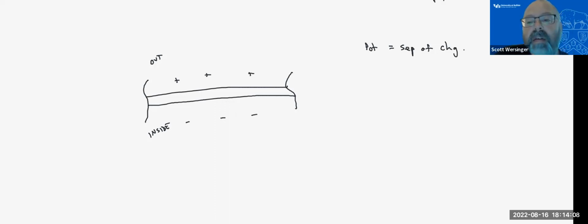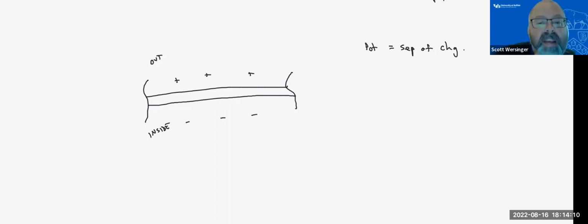All right, so let's say here's outside, here's inside. Remember, the potential is the separation of charge. It's the difference. So if we schematically draw this, the outside will be a little bit positive compared to the inside.